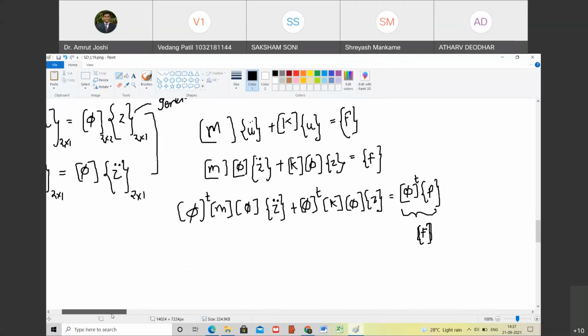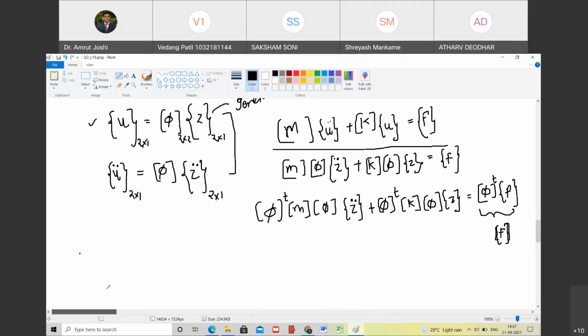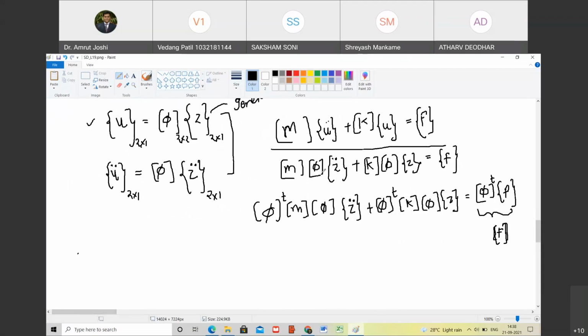Okay. So now if we look at the original equation, it is M U double dot plus K U is equal to F. In that we make this substitution: U is to be substituted as phi Z. So M phi Z double dot plus K phi Z is equal to F. And now instead of multiplying by phi inverse, I'm going to multiply it by phi transpose.